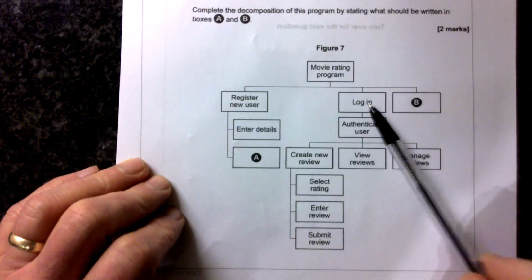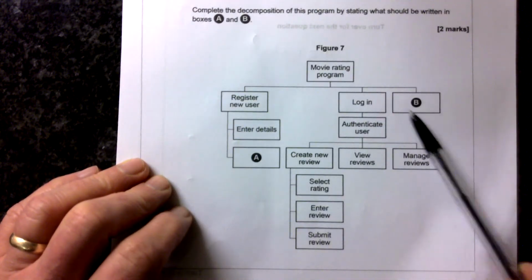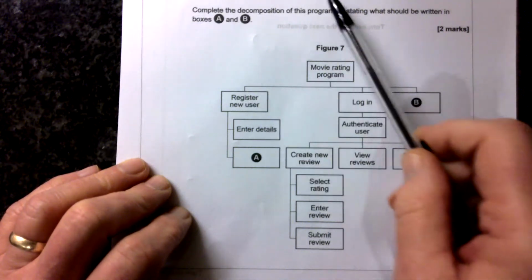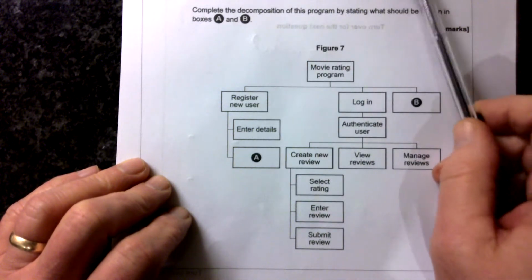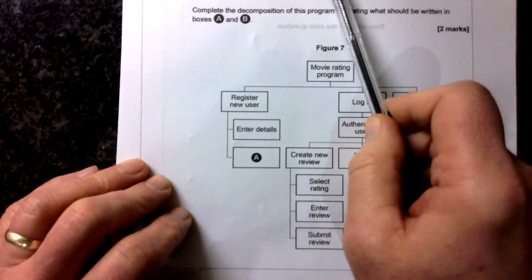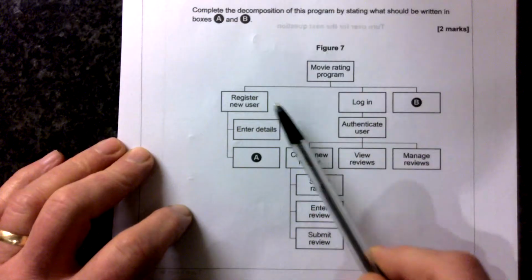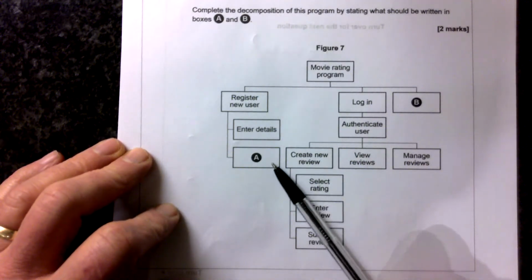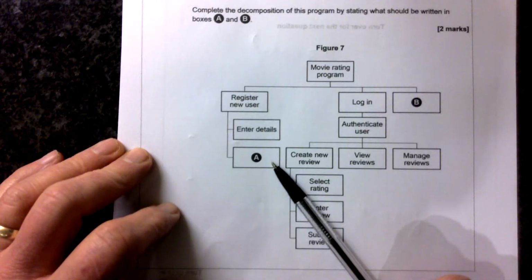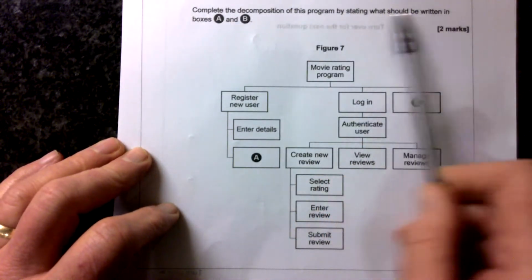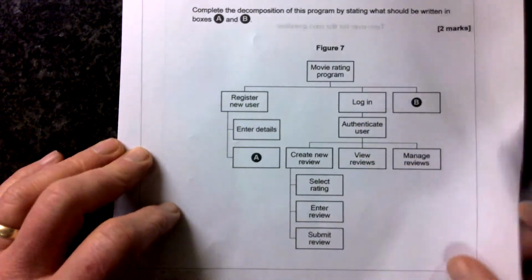When registering, a new user will enter their details before confirming their email address. Complete the decomposition by stating what should be written in boxes A and B.